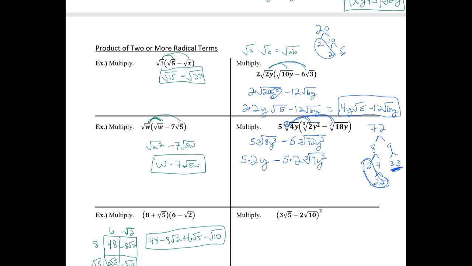Right? We're not looking for squares now, we're looking for cubes. So that y squared cannot come out. And what's left? 5 times 2y is 10y. 5 times 2 is 10. Cube root of 9y squared. Not like, that's as far as we can go.